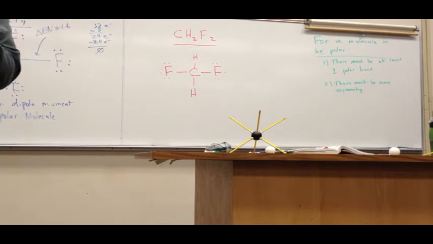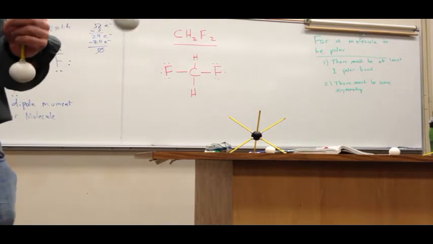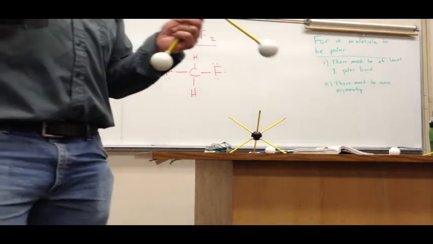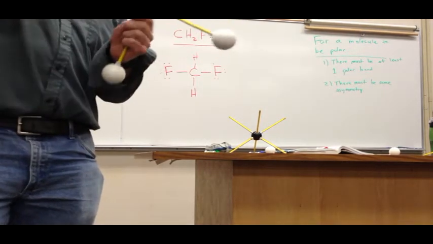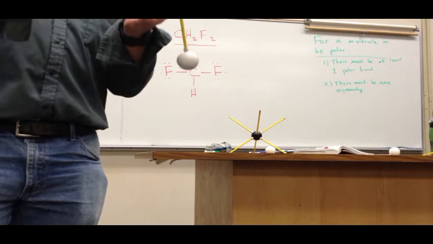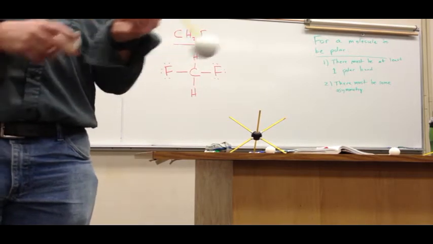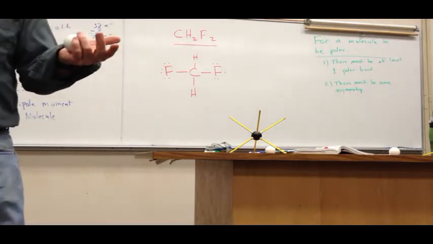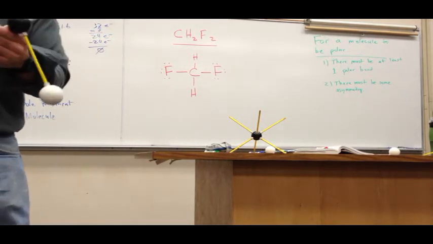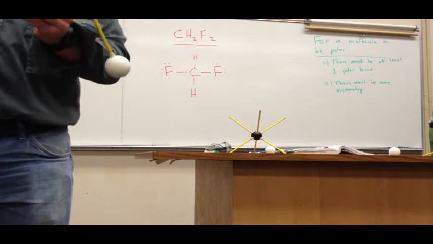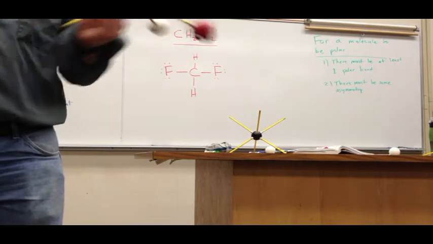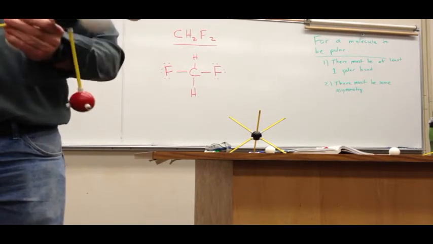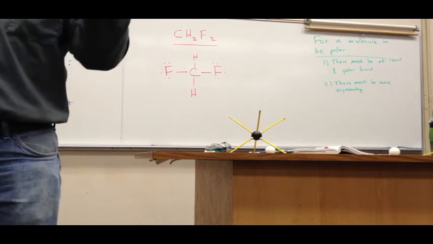Remember, in trigonal bipyramidal, there's the axial position and there are the equatorial positions, which are different from each other, right? So if I put this one right here, then it's going to be nonpolar. That's a nonpolar molecule. You guys see that? On the other hand, if it goes in the equatorial position, that's not going to cancel, is it?